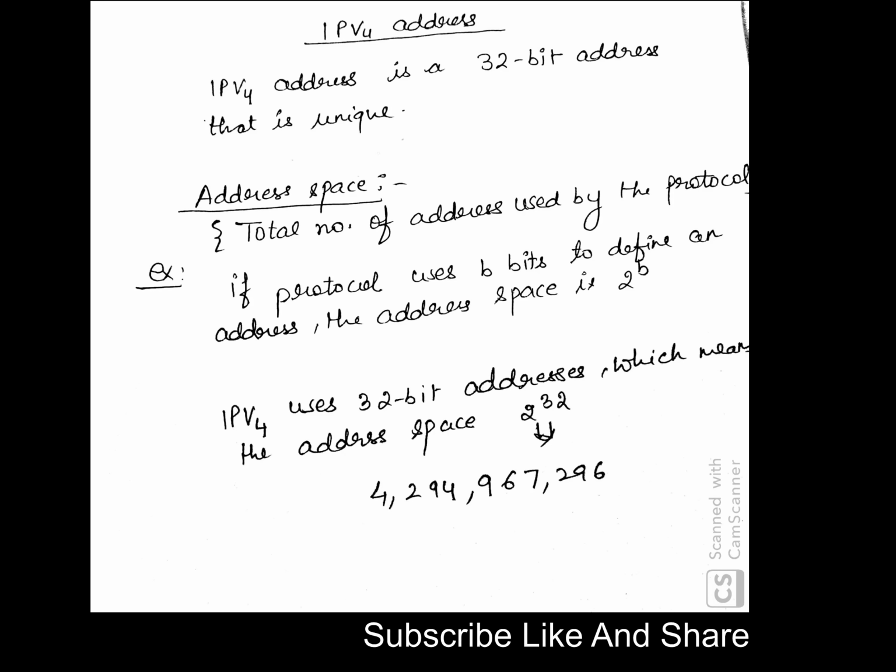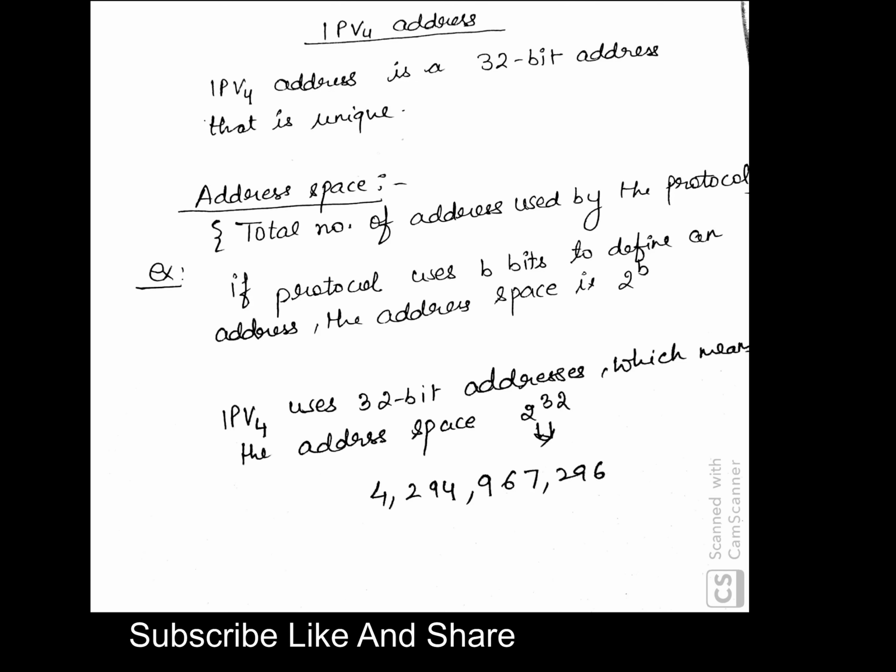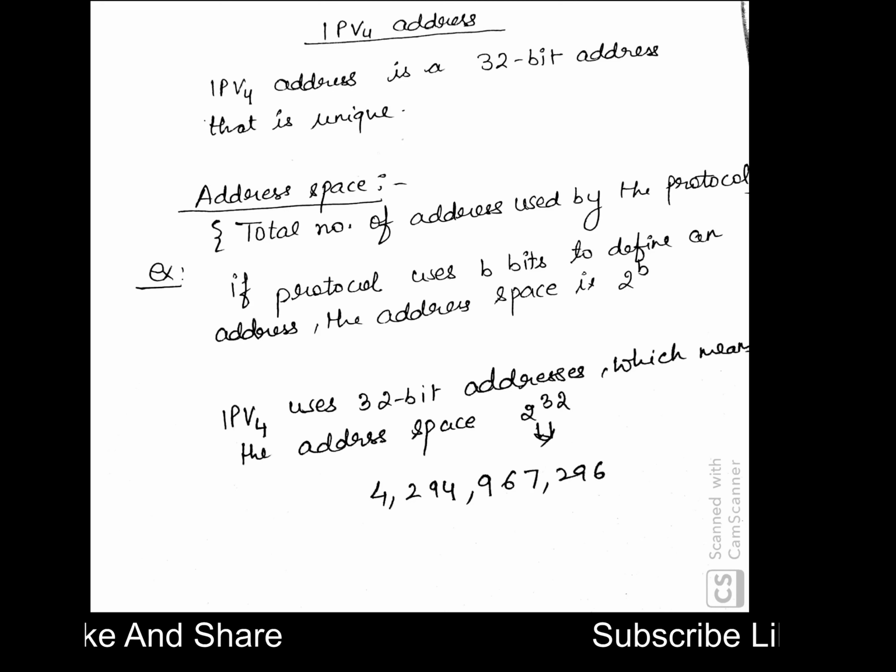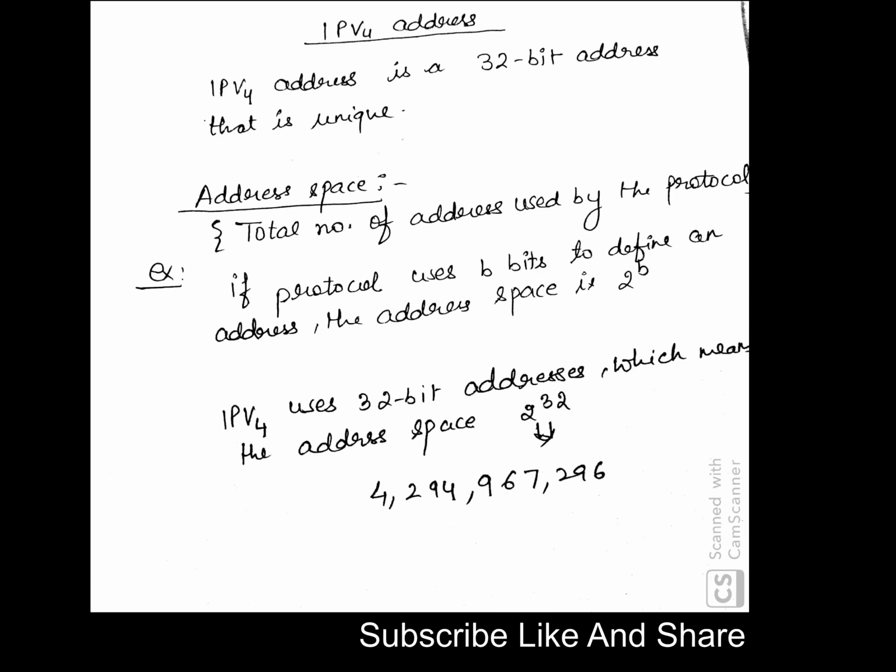Today we are going to discuss the IPv4 address, which is one of the most important chapters in computer networks. So we start with the important slide here. IPv4 stands for Internet Protocol version 4, and it contains a 32-bit address.